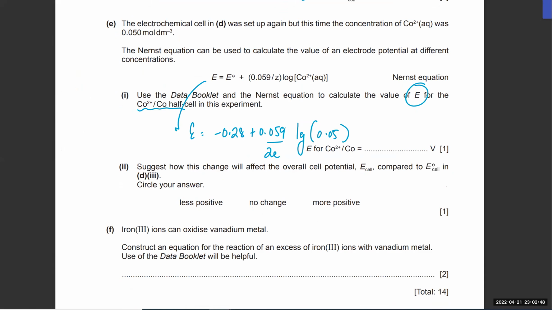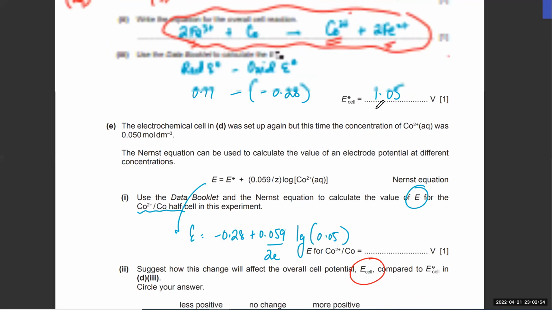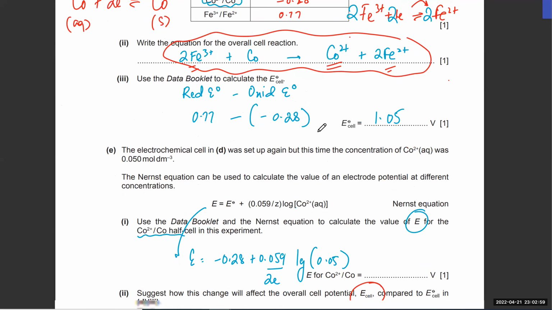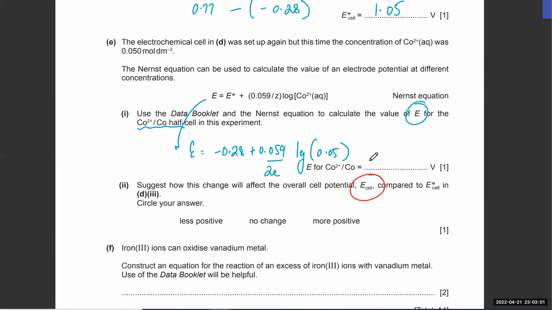Over here, he's talking about the E0 cell now. So over here he's talking about this thing, not about the individual potentials, right? So Perez, explain what happens to this minus 0.28. Does it increase or decrease? Increase. What value do we get for this?